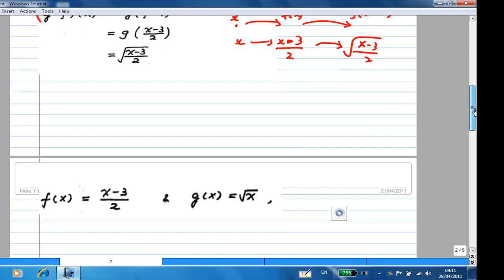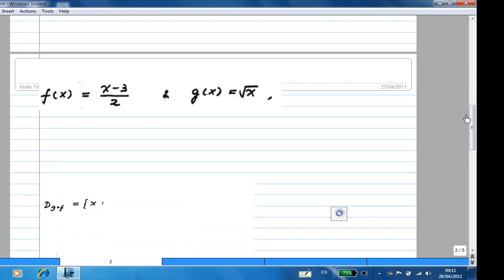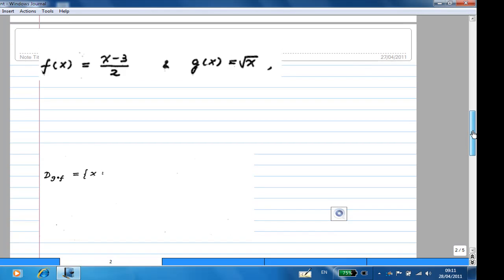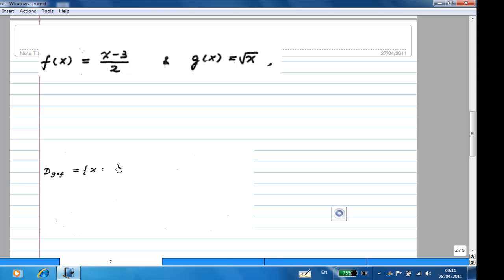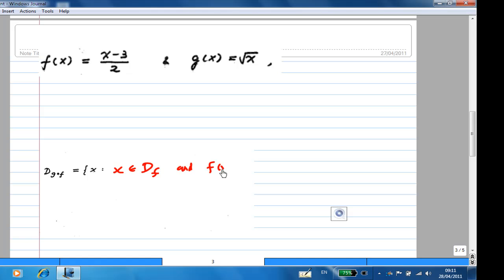Then what is the domain of this? In order to find the domain of this composition, x must belong to the domain of f, and f of x must be inside the domain of g. The domain of f consists of all the real numbers, as we know.